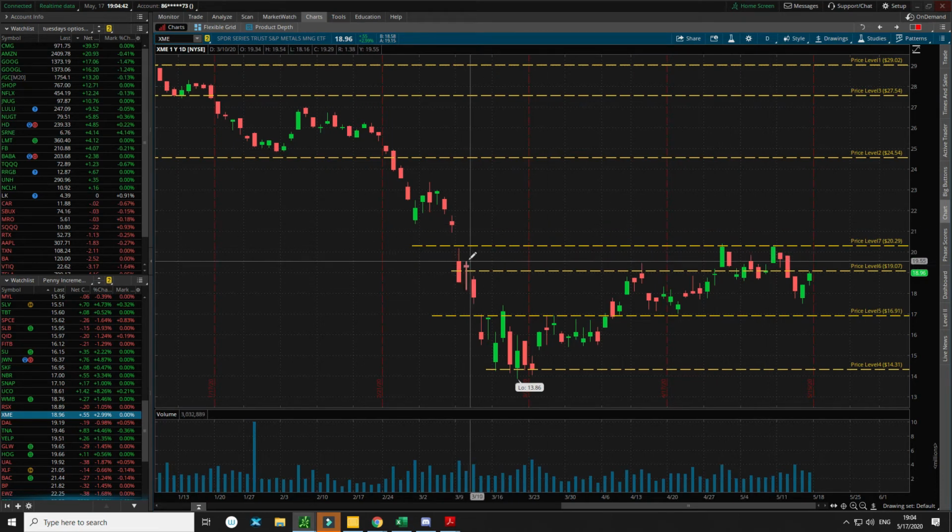So for me, this would be considered a triple top. You can clearly see that it passed down through to the support area of 1386, and it did pull down roughly close to that, around 14 bucks. And then it reversed. It had a gap up, and it traded within this range here for a few days.